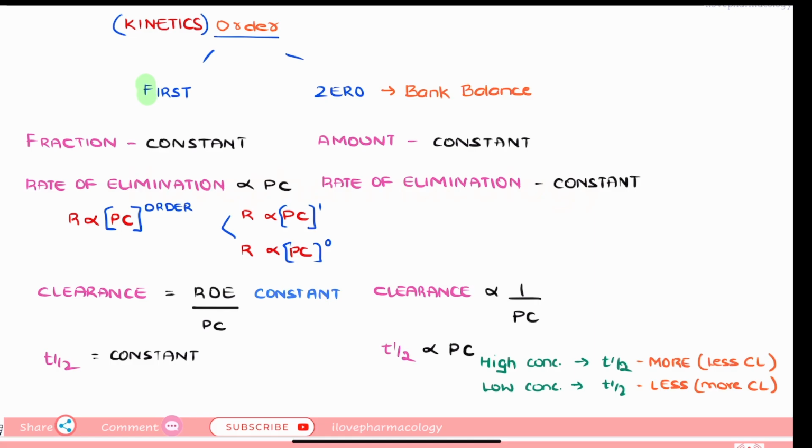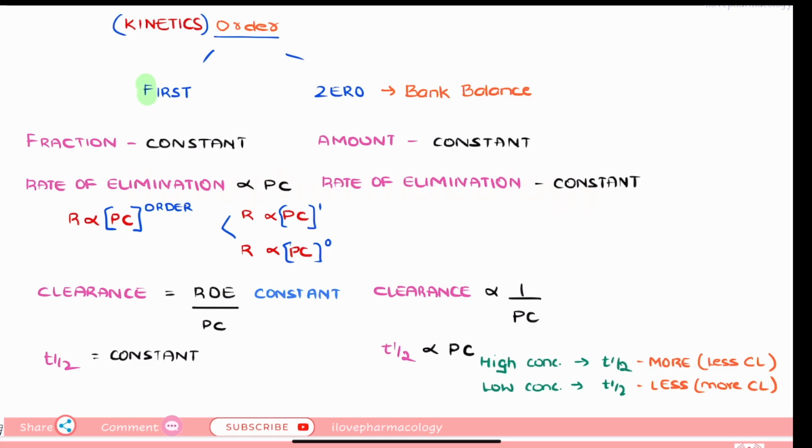Whereas what about the rate of elimination in case of zero order kinetics? The rate of elimination will be constant. What about the clearance? Please remember, since the fraction is constant, the clearance will also be constant, and also the half-life, which is required to clear the drug concentration from the body, remains constant.